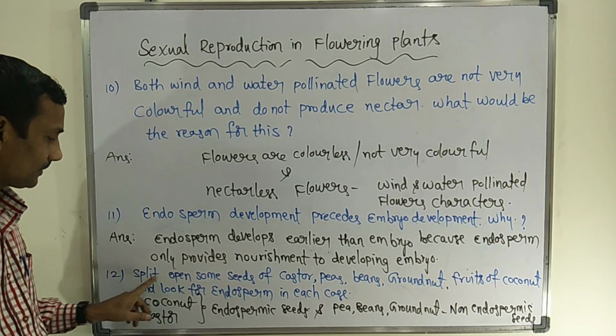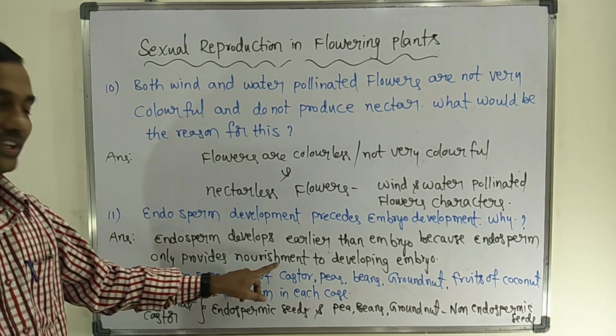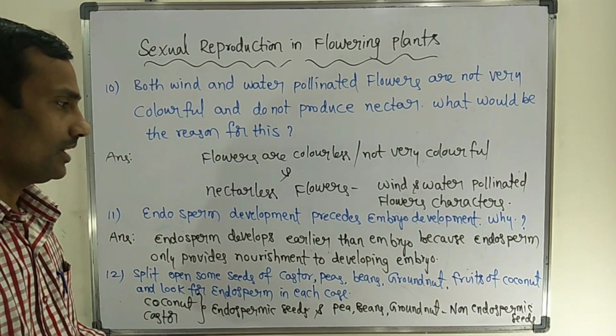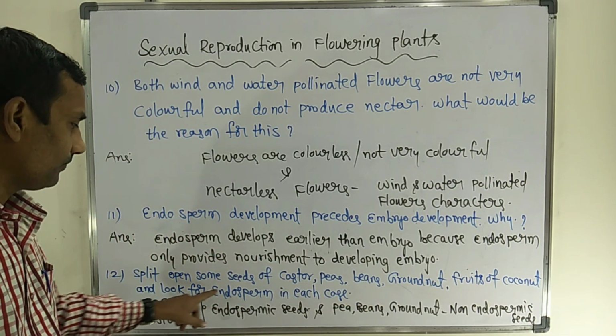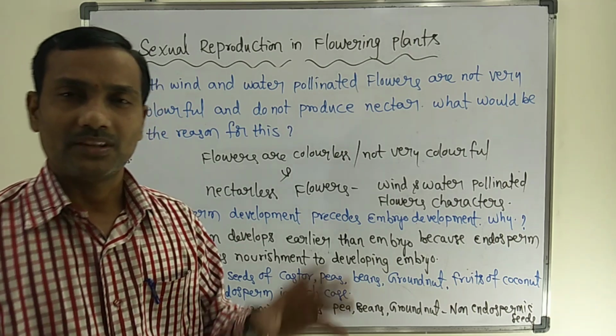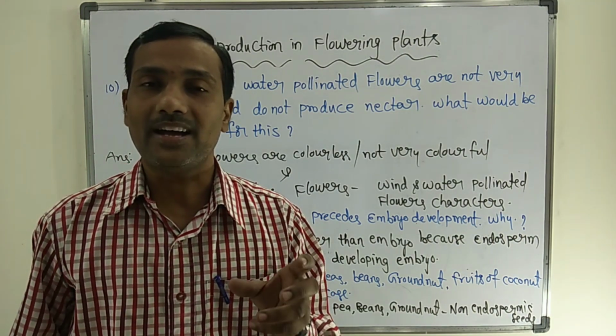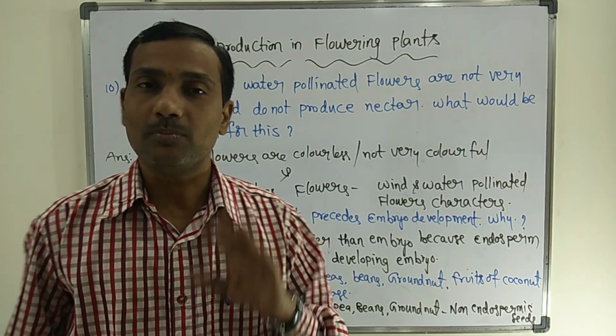Next question. Split open some seeds of castor, peas, beans, groundnut, and fruits of coconut and look for the endosperm in each case. We have to split the given plants and identify whether they contain endosperm or not.